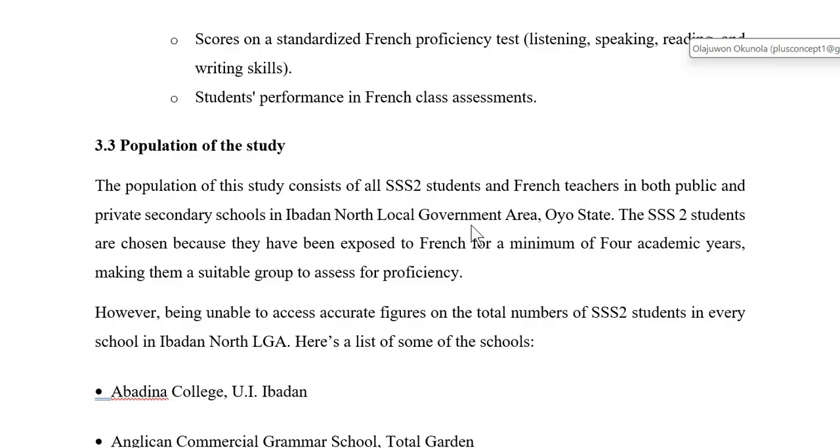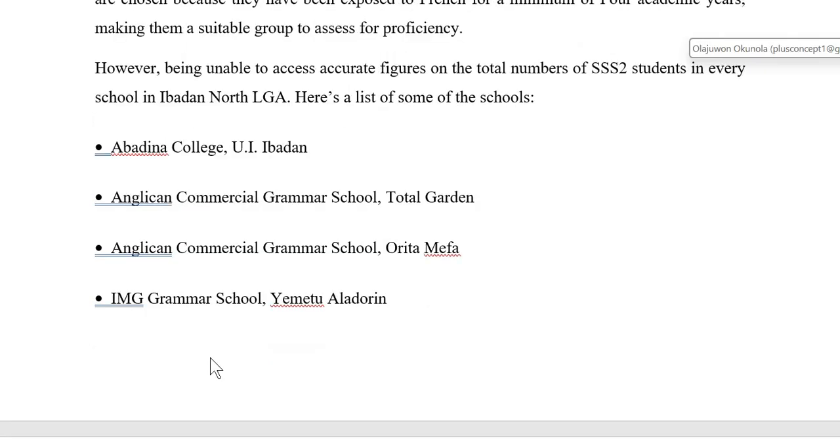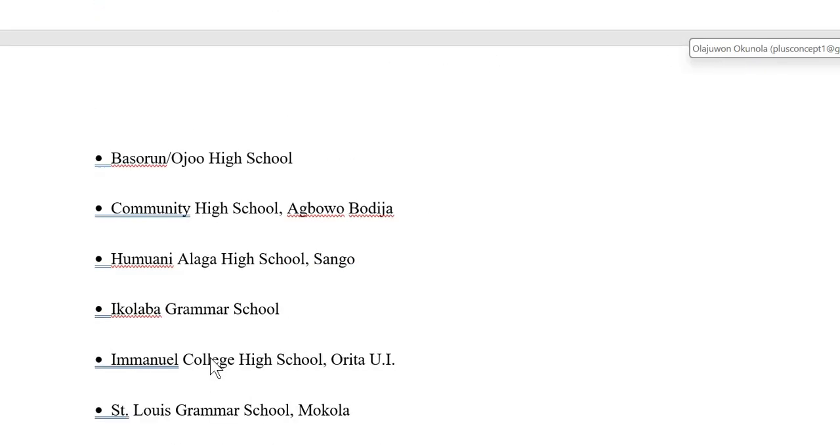However, being unable to access the accurate figure of the total number of SS2 students in every school in Ibadan North local government, here is the list of some schools that the researcher will be looking at. Aberdeen College in UI Ibadan, Anglican Commercial Grammar School, Total Garden, Anglican Commercial Grammar School, Orita Mefa, IMG Grammar School, Yemetu, Aladorin. So like that and so on.